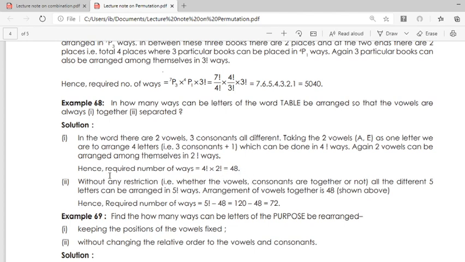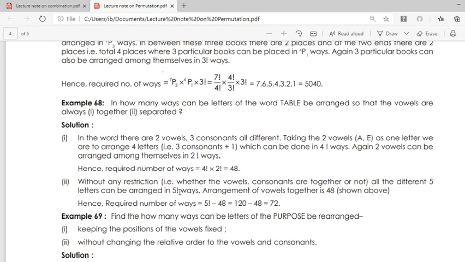Now, without restriction, that is to say, whether the vowels and consonants are together or not, how many letters do you have? There are 5 different letters that make up table.